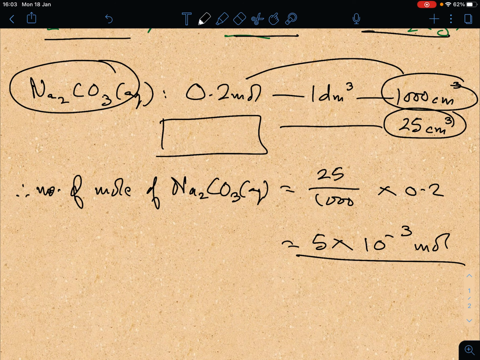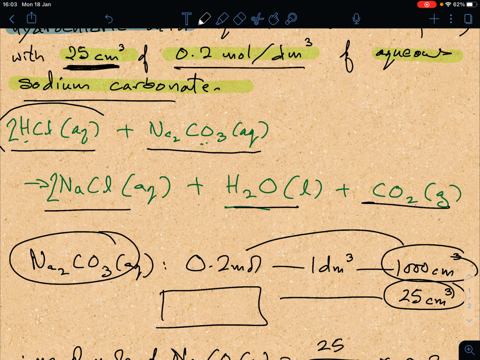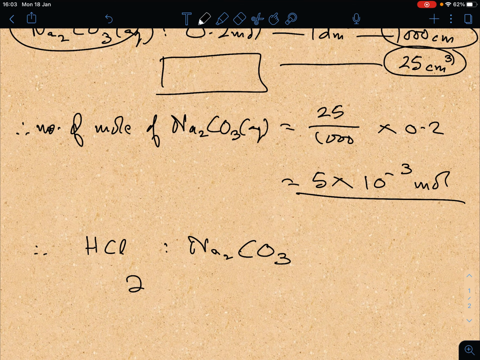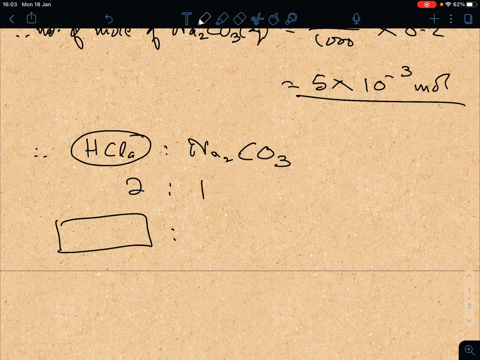From the balanced chemical equation, the acid is 2 mole, the metal carbonate is only 1 mole. So the ratio of HCl to sodium carbonate is 2 mole to 1 mole. We do not know the mole of the acid used. Don't forget to put aq. We know that the mole of sodium carbonate is 5 times 10 to the power of negative 3 mole.